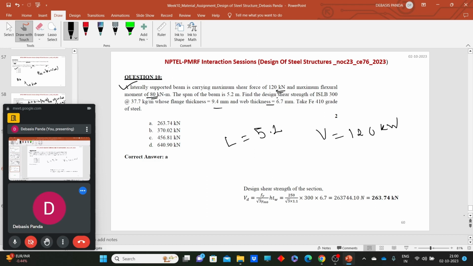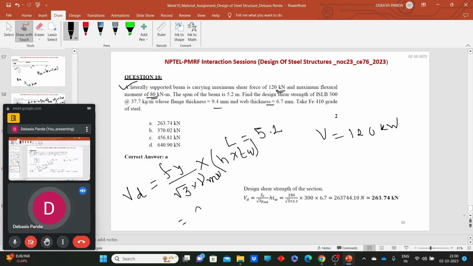How can we calculate the value of VD, design shear capacity or design shear strength? It is nothing but Fy by root 3 into gamma m0, multiplied by the area, H or D, total effective depth, into TW. So if you plug in all these values, like 250 divided by root 3 into 1.1, multiplied by H for ISLB 300, which is 300, into TW.